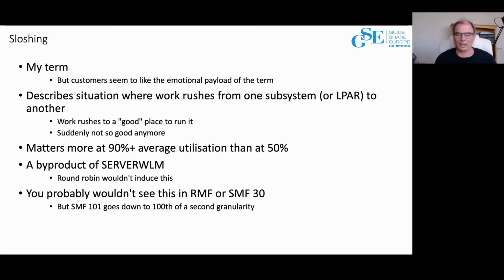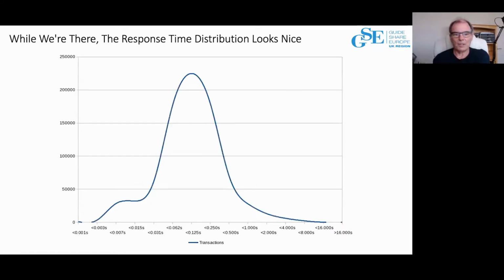But as I say, you can go down to a ridiculous level of 100th of a second granularity, but probably 1 second granularity is enough to satisfy, obviously over a short period of time, like 30 minutes in your analysis. So that's sloshing.